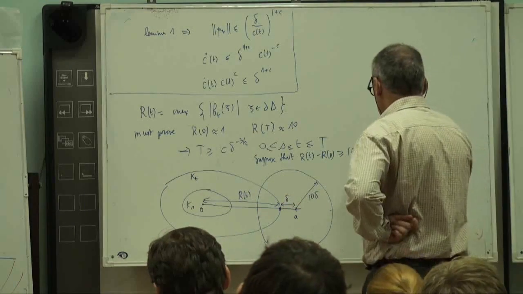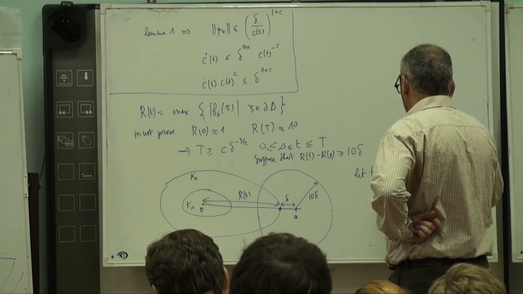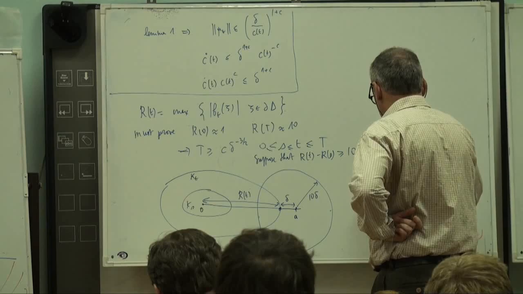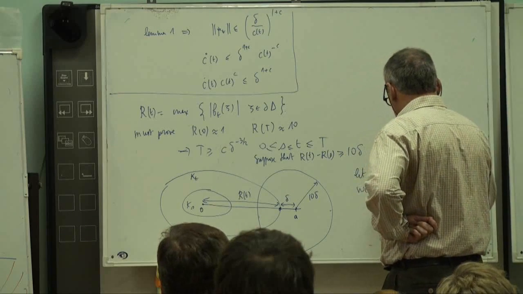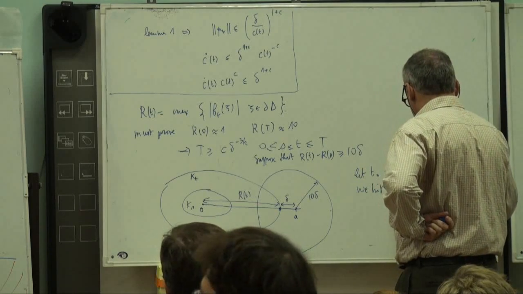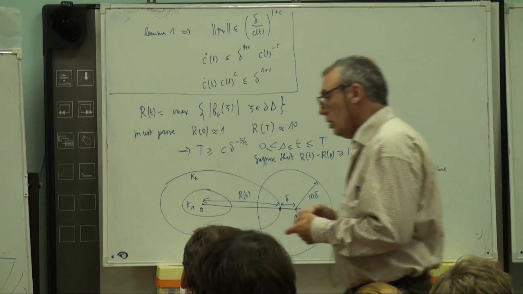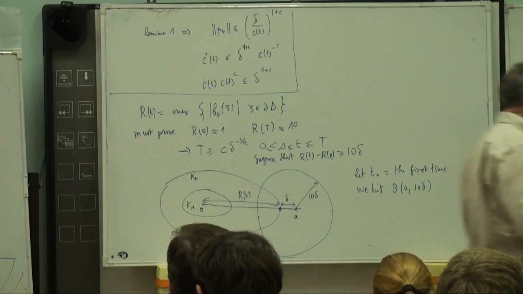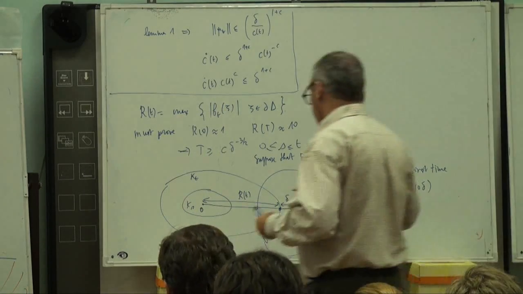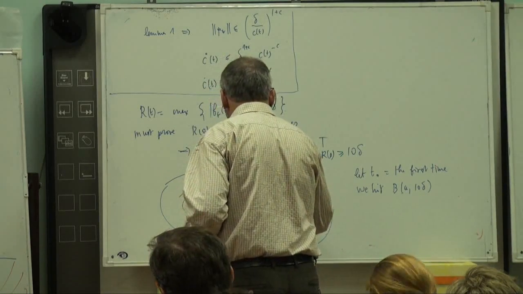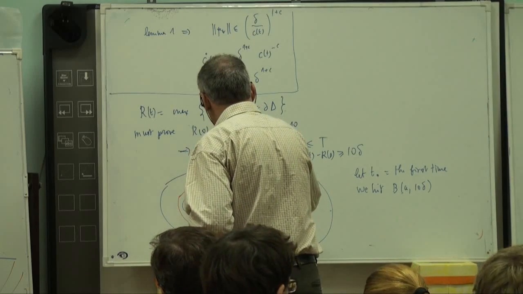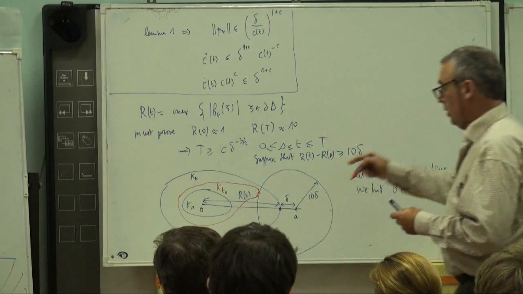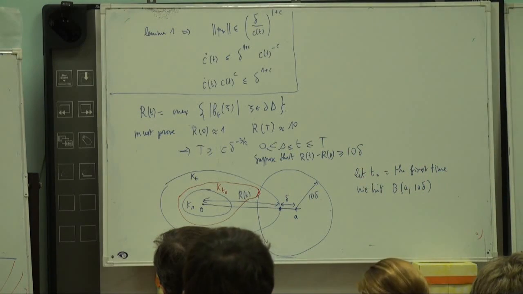And so we let t0 be the first time we hit the disk B_A of 10 delta. So here we have K_t0, the first time that it hits the circle here.